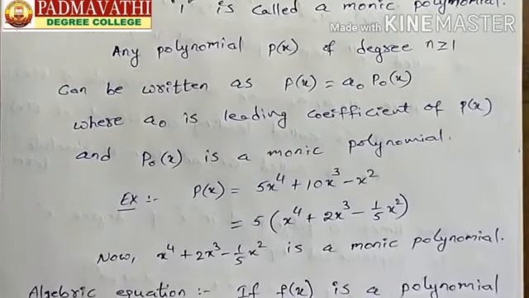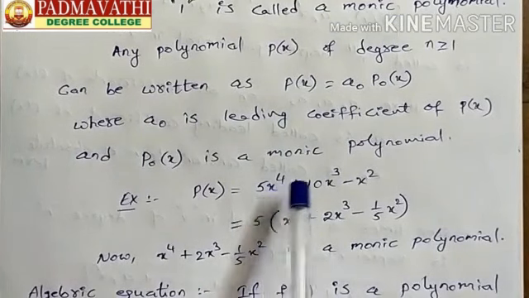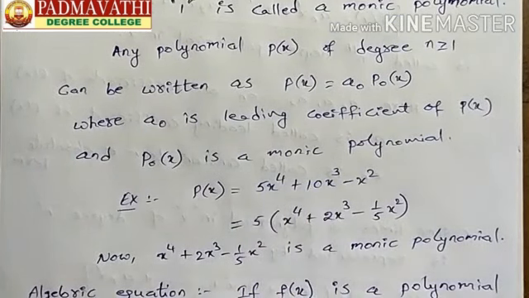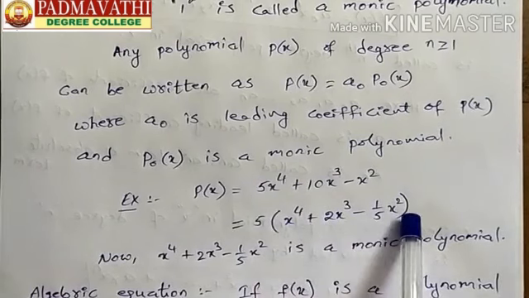Example: look at this polynomial p of x equal to 5 into x power 4 plus 10x cube minus x square. From this I am taking 5 common. Then it becomes x power 4 plus 2x cube minus 1 by 5 x square. Now what is in the bracket is a monic polynomial.